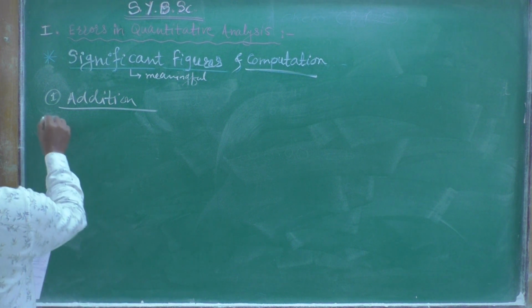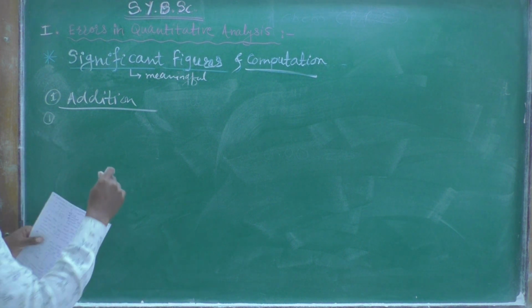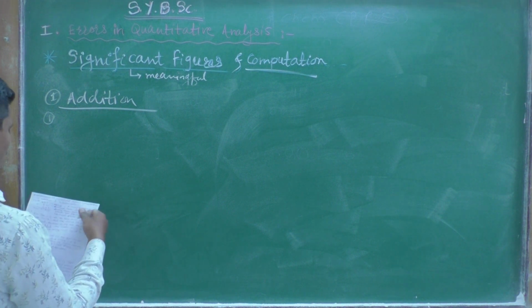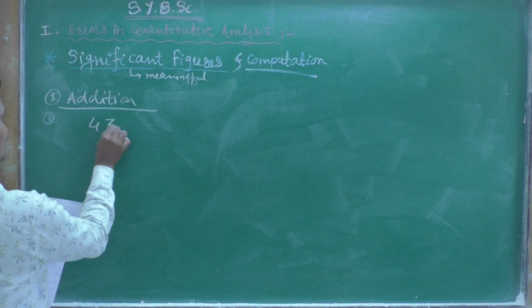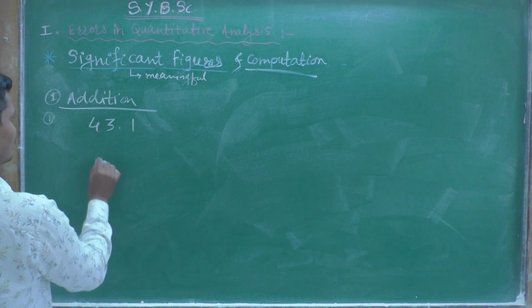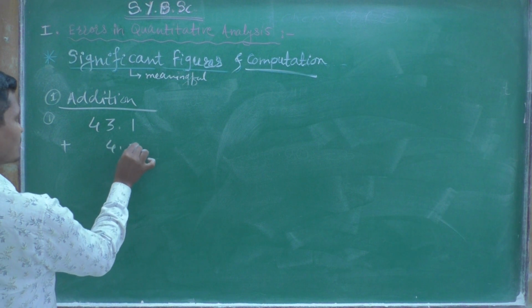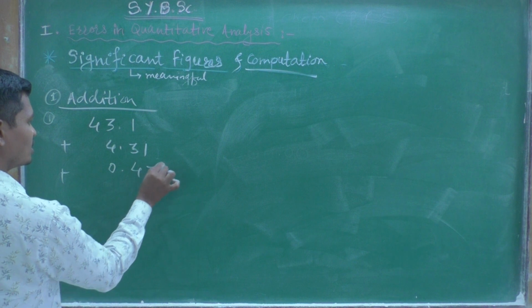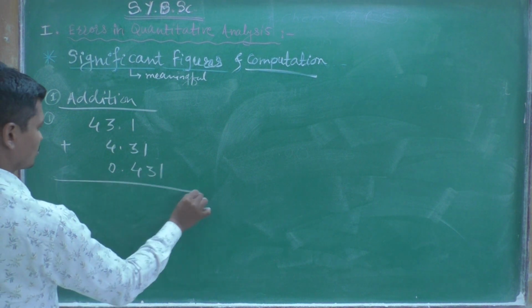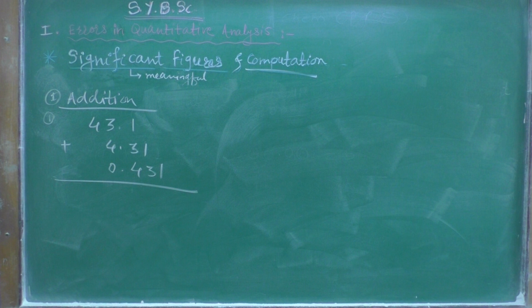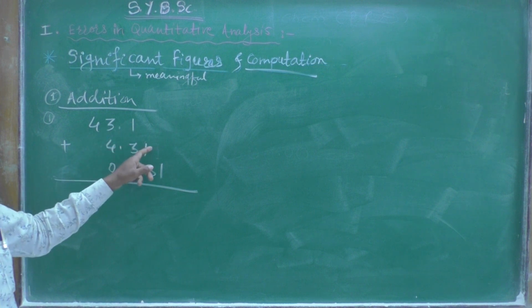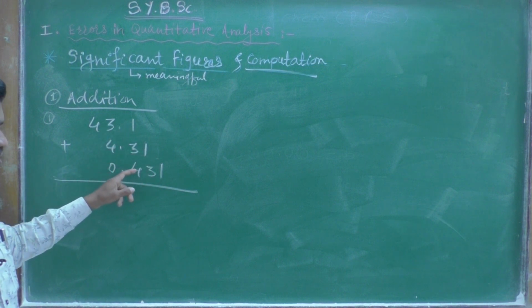So take the first example here. You can take any example; this is taken only for simplicity. 43.1 plus 4.31 plus 0.431. So 3 numbers are given: 43.1, 4.31 and 0.431.